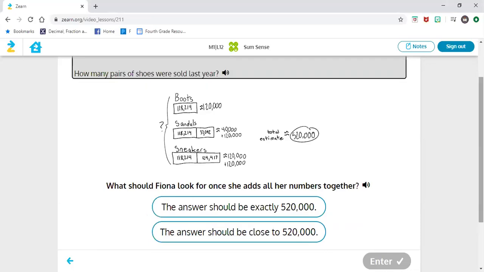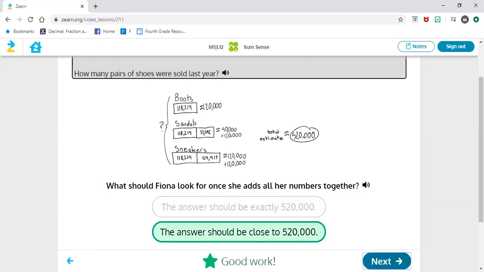So once we add this up, what should our answer be? Should the answer be exactly 520,000 or should it be close to 520,000? It has to be close to it because when you estimate, you're saying about. You're not giving the exact number. You're saying that it'll be close to 520,000.